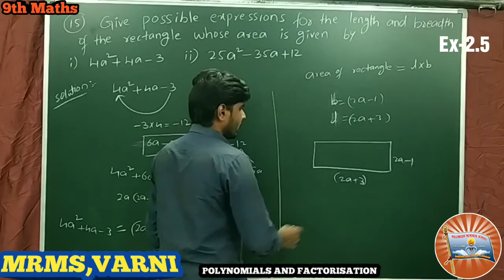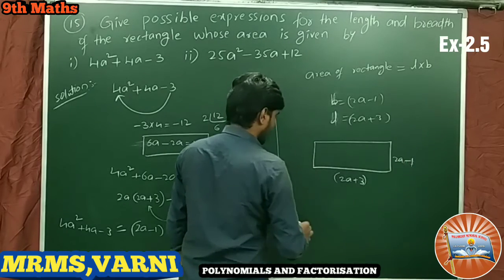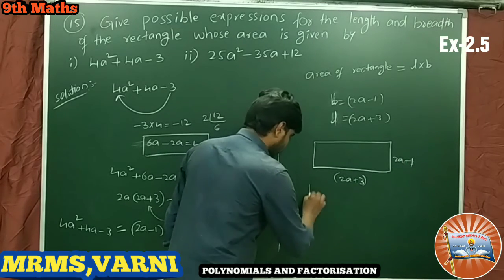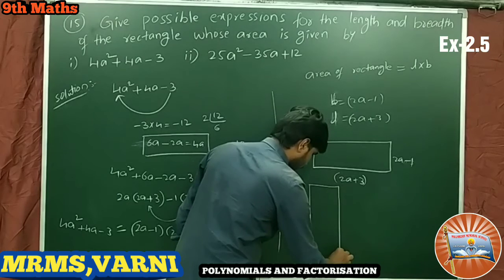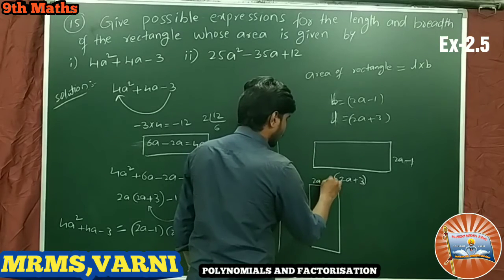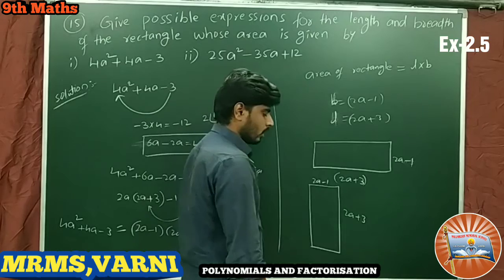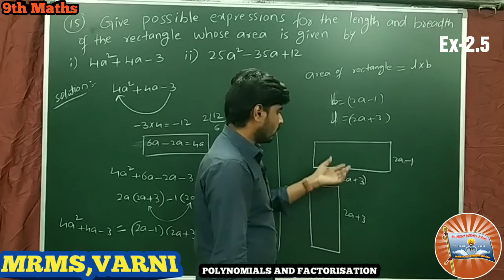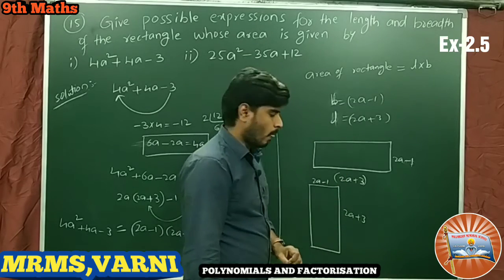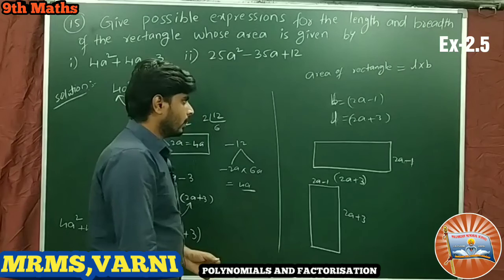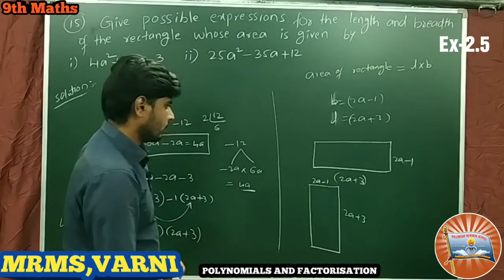Suppose if I take this as the length, how will the rectangle be? This is 2a minus 1, this is 2a plus 3. This or this, we can take any one of these. I think you have got the idea about dimensions, right?